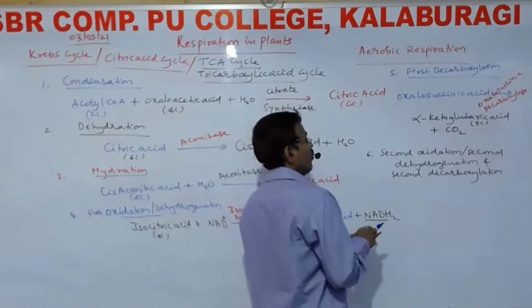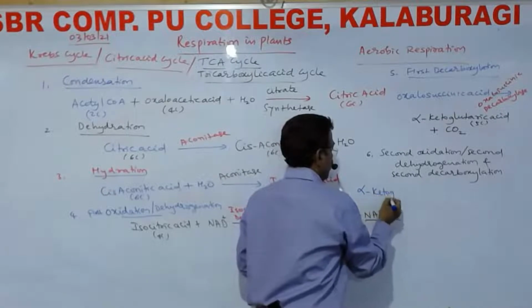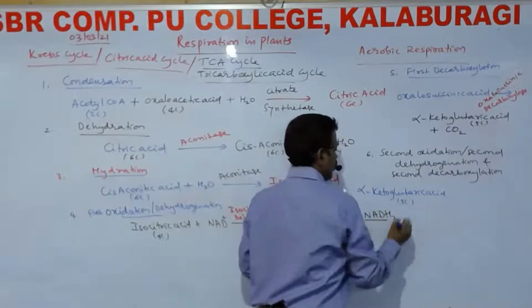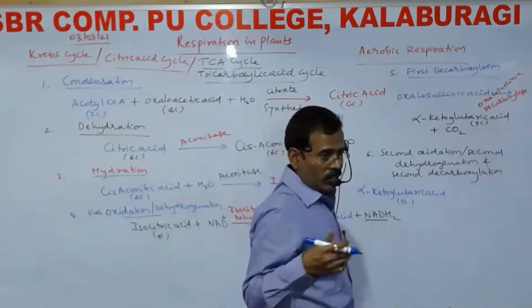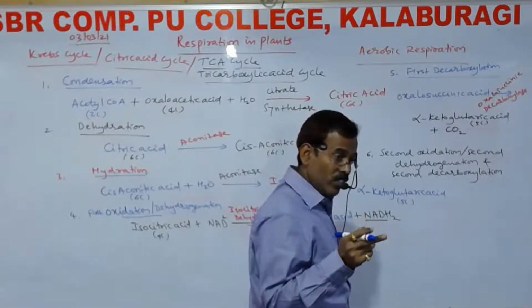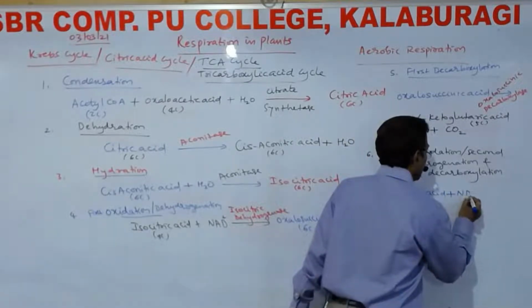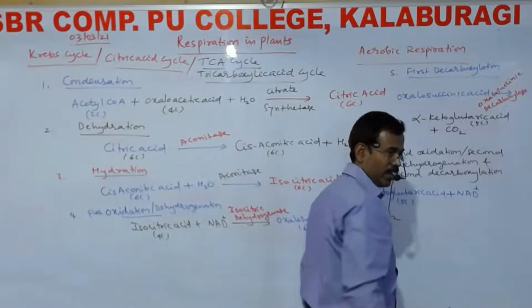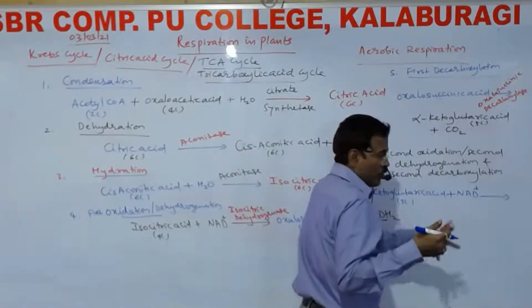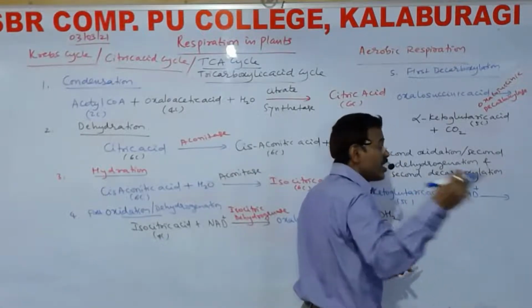This alpha ketoglutarate acid undergoes oxidation as well as decarboxylation. When it undergoes oxidation, it releases hydrogen atoms. These hydrogen atoms will be added to NAD plus and result in the synthesis of NADH.